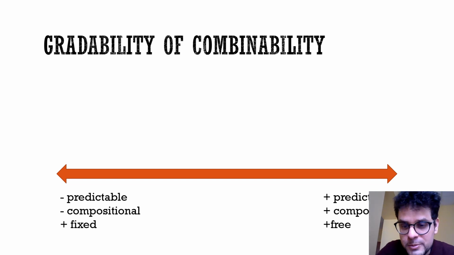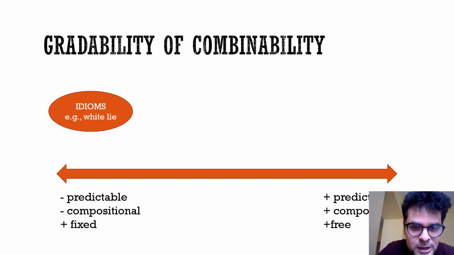Now, combinability is a continuum, and sometimes we can lose track of that. But if you think of, on the one hand, free word combinations, and on the other hand, idioms, you see what I mean, right? So at one end of the spectrum, as I said, we have idioms. Idioms are fixed because they behave a bit like words or lexical units. Usually we can't change them.